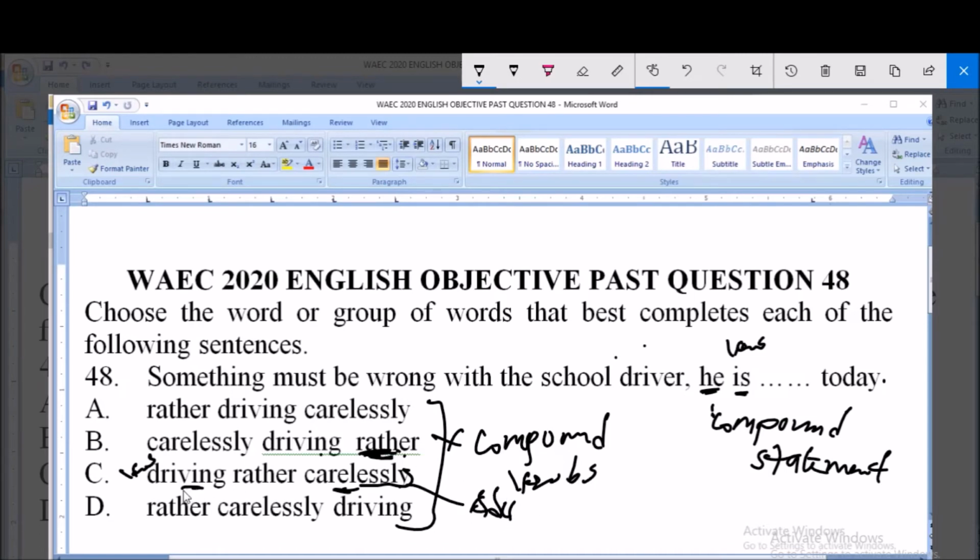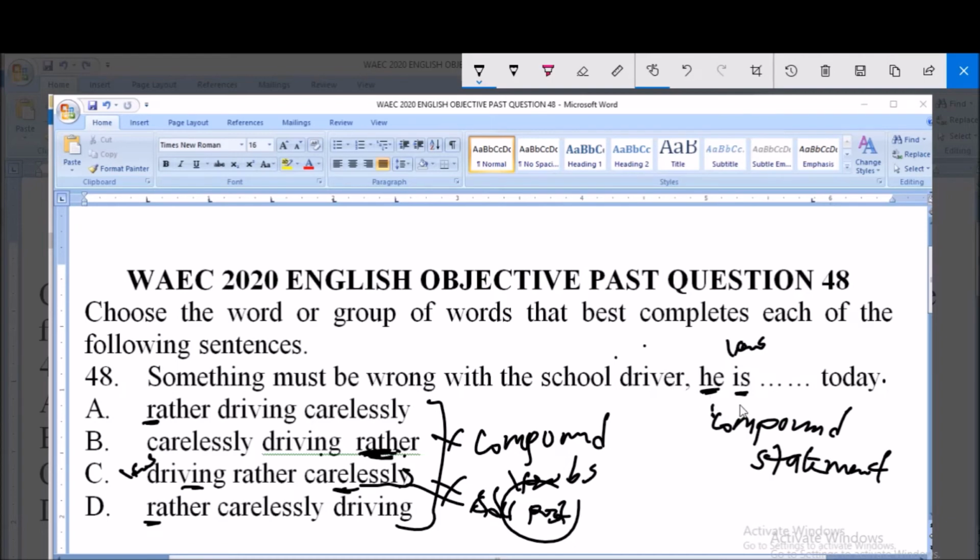So the verb that this adverb is telling us about cannot come first, so we cannot even call it post modification in this expression. So option C cannot. Now let us look at options A and D. In option A, "rather" comes first, and in option D also "rather" comes first. So "rather" takes its original position.